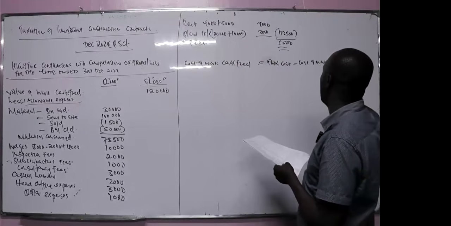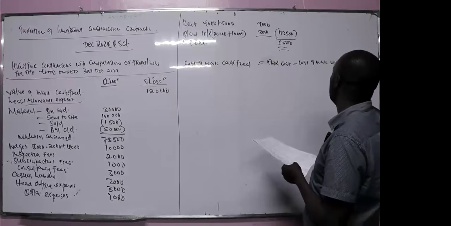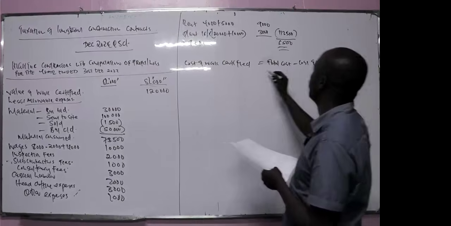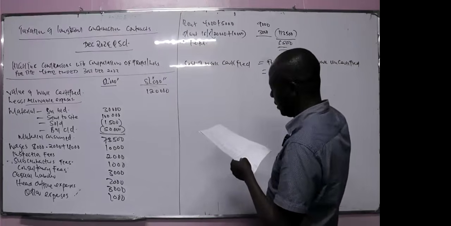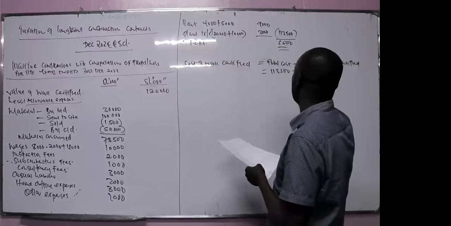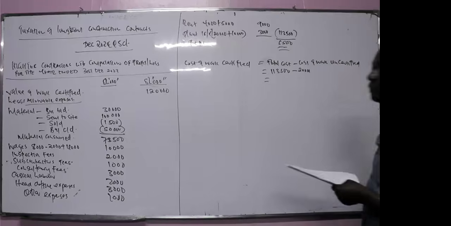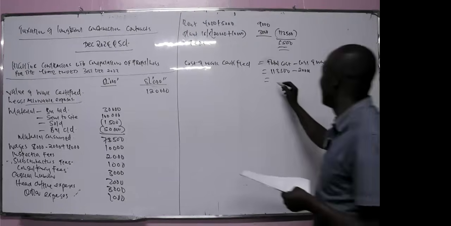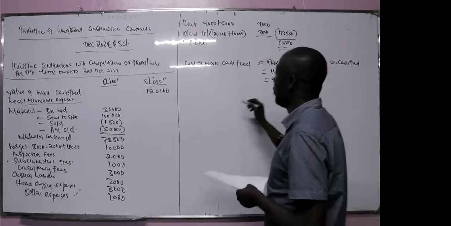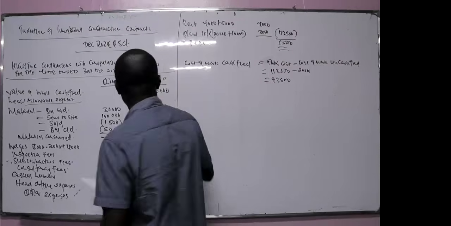So total cost is 113,500 minus 20,000. So how much do you get? 93,500.